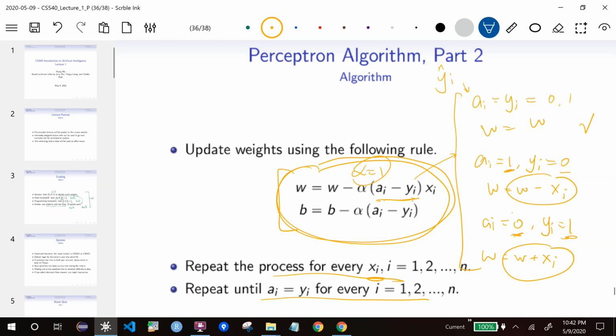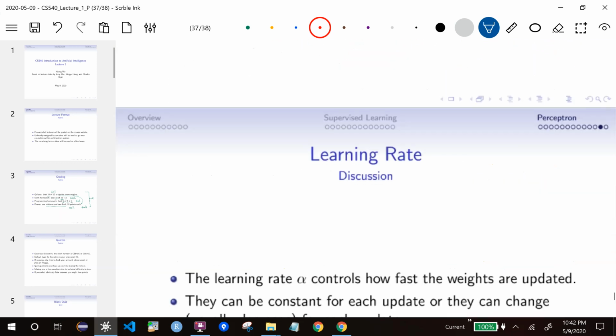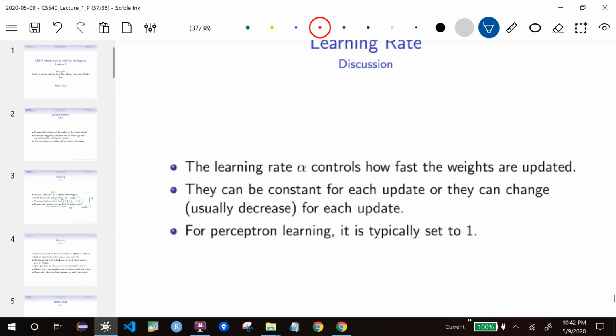Now note that there is this alpha here. Remember what we did in the previous diagram, when we update, we're updating too much. I will move to the next slide and have the diagram that we had.